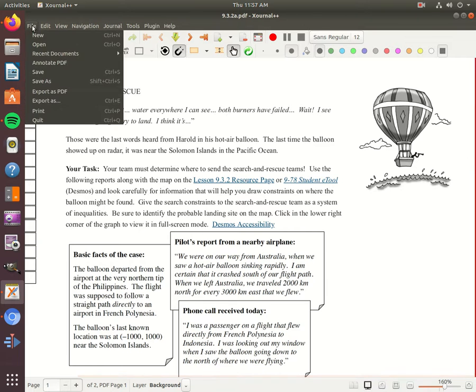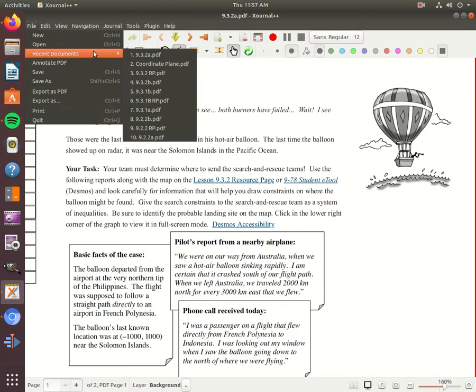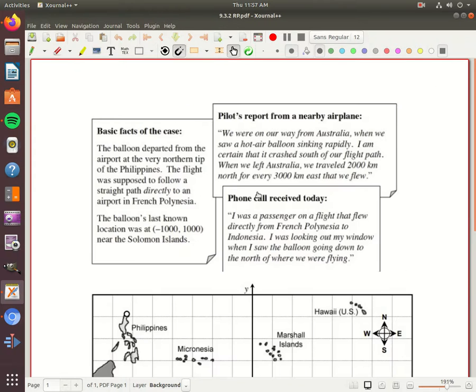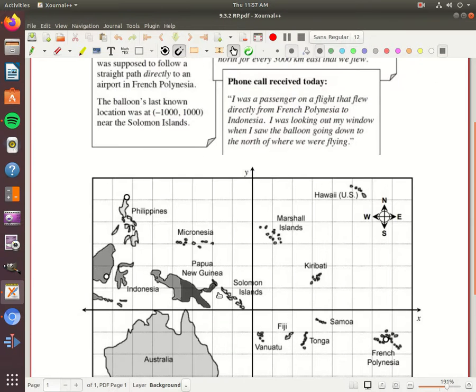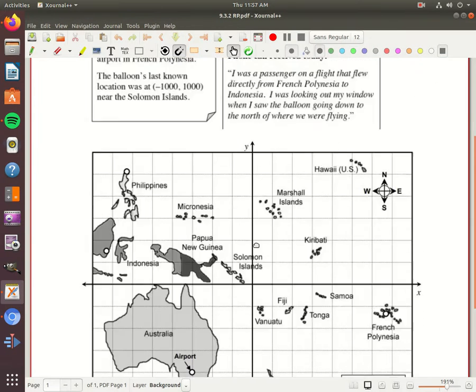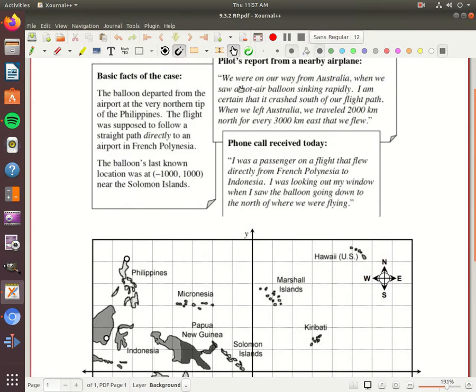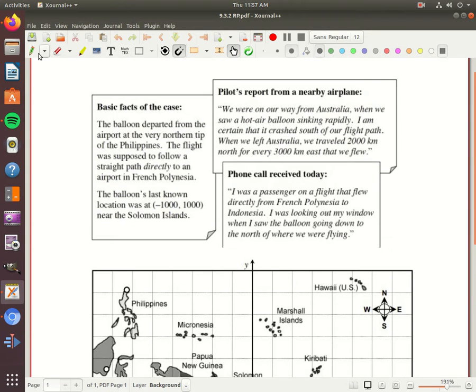So I went ahead and I made a resource page that combines both the clues and the map so that we can sort of do this together. We'll make this one black, we'll make this one green, and we'll make this one red. And that is how we will roll.